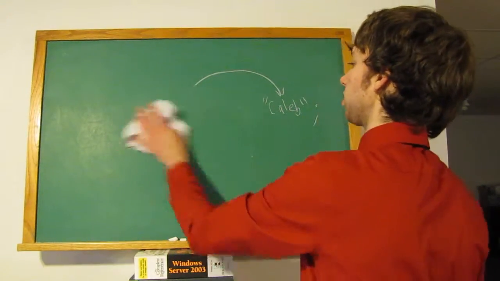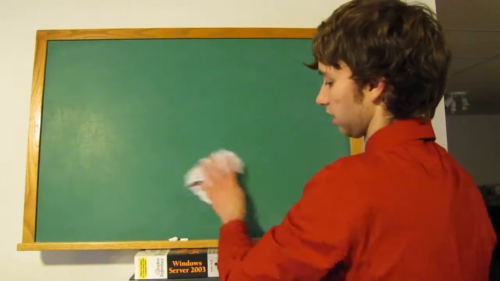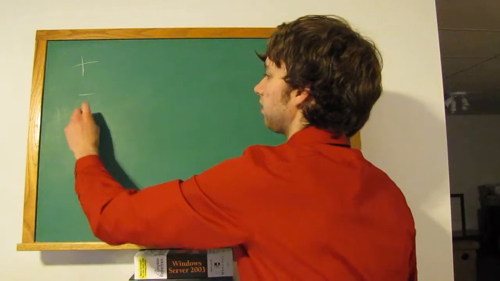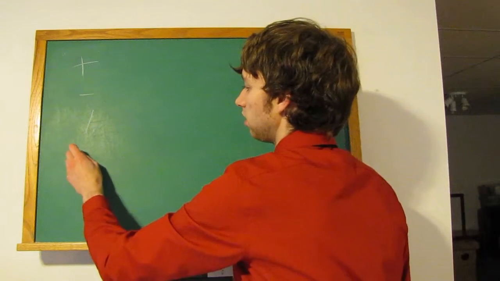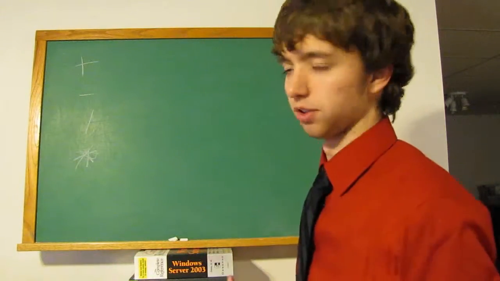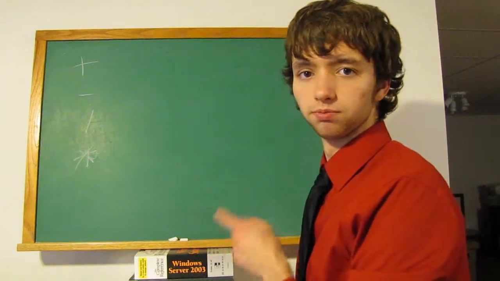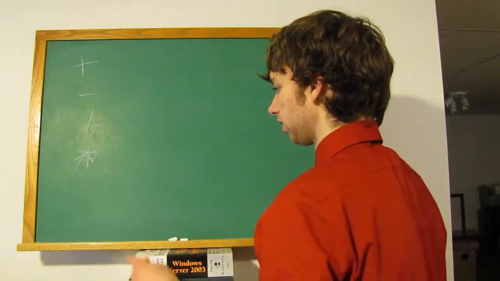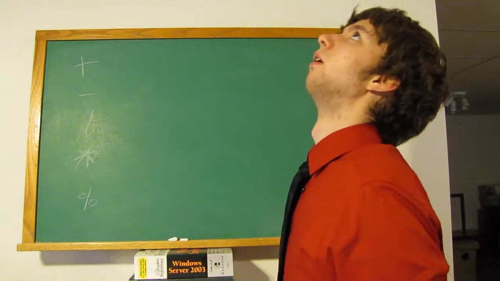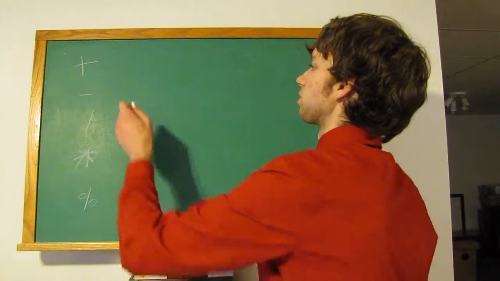Well, there's also arithmetic operators. One of these is plus, one of them is minus. One of them is divide. One of them is multiplication. It's the asterisk. There's also the modulus. And there's also a negative sign.